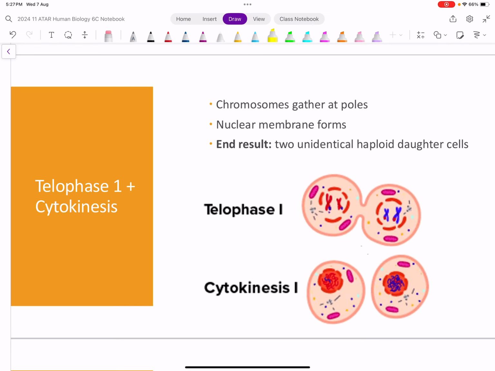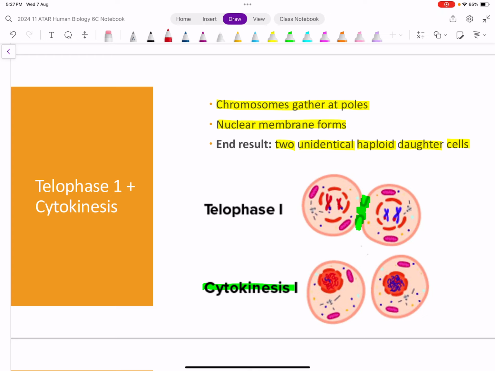As we now look to telophase 1 and cytokinesis, during telophase we note that the nuclear membrane reforms as our chromosomes gather at those poles. Our end result after cytokinesis, the pinching of our cell membrane, is that we end up with 2 non-identical haploid daughter cells.